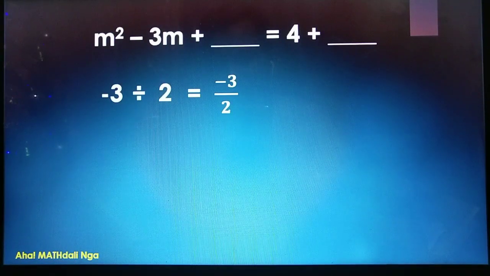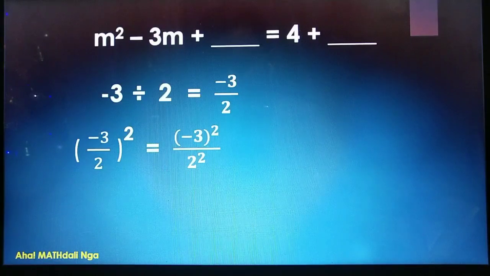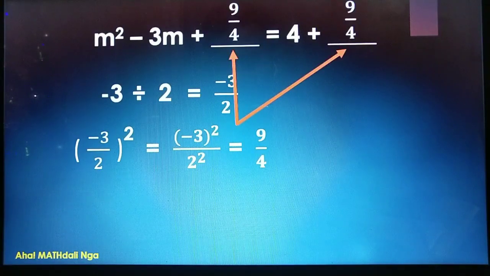Then we will take the square of negative 3 over 2. That is equal to negative 3 squared over 2 squared, which equals negative 3 times negative 3 is positive 9, 2 times 2 is positive 4. So we have 9 over 4. That will be the missing term.